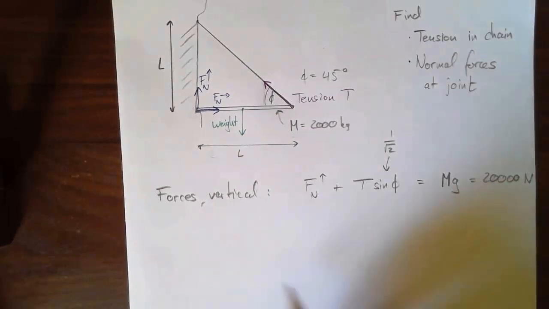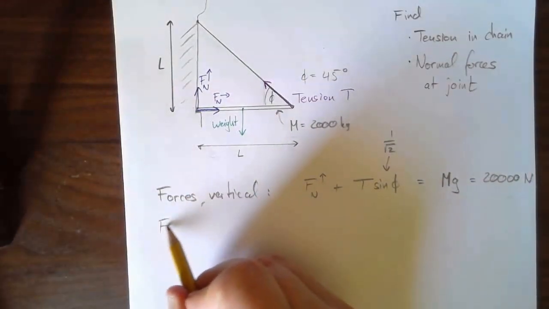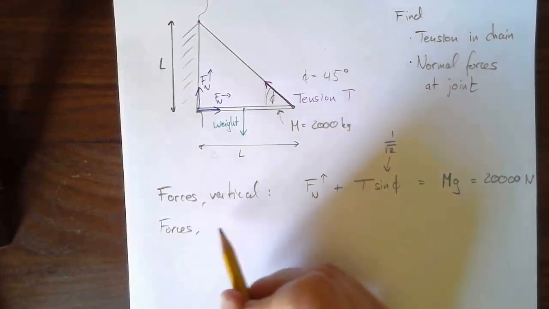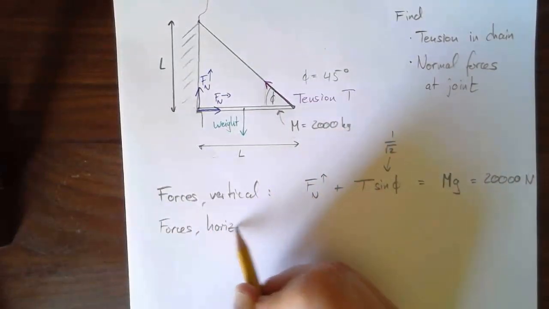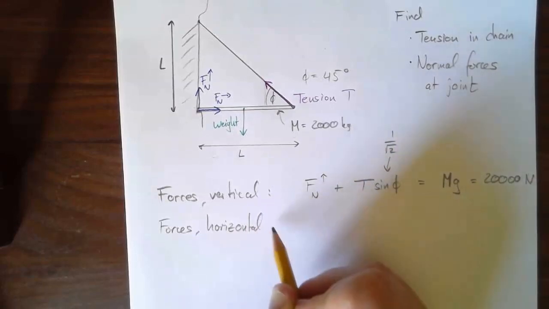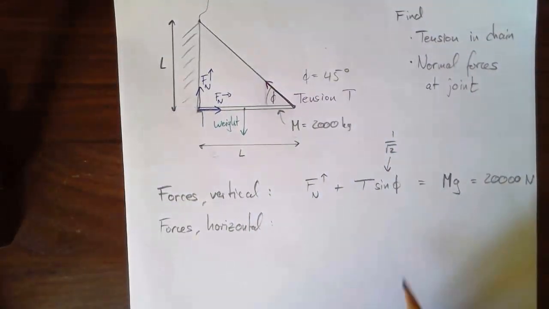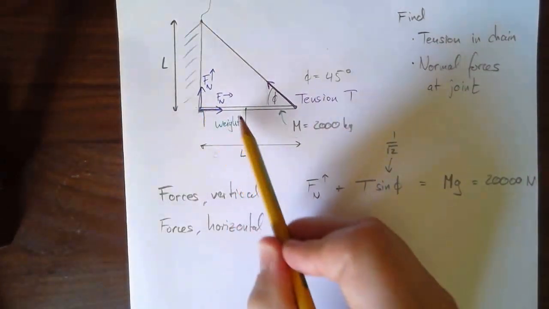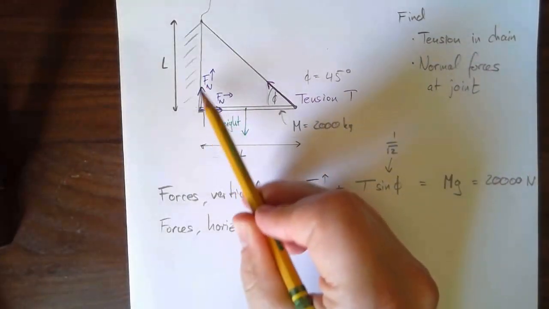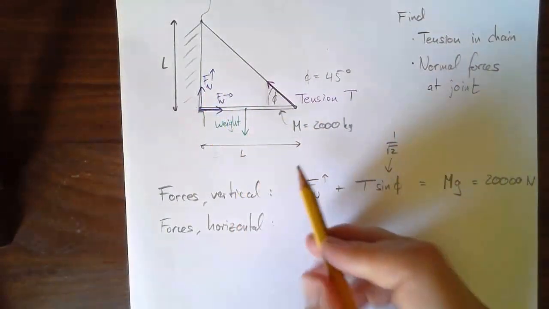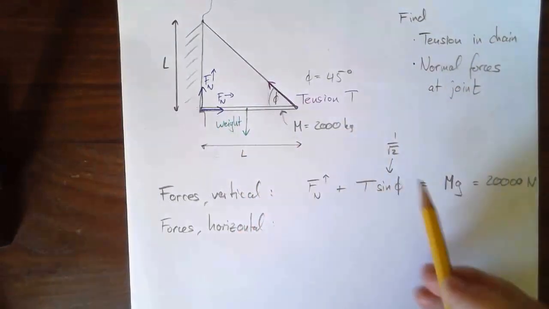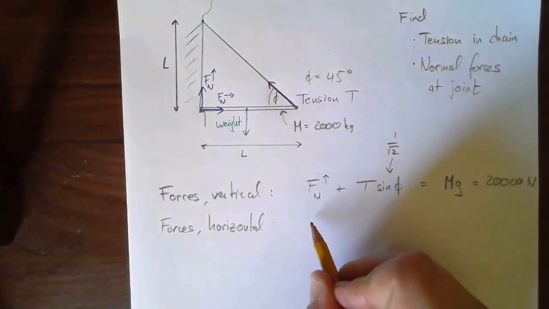Alright, what about the horizontal forces? Well, they're going to add up to 0, left equals right. Now this is actually easier because those two forces, the weight and the upward normal force, are just vertical. So it's just those two, and they're going to be equal to each other, right?